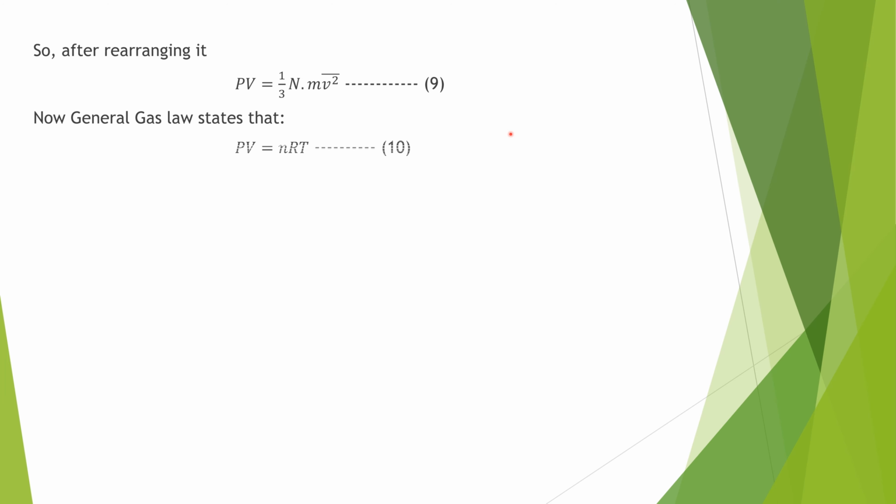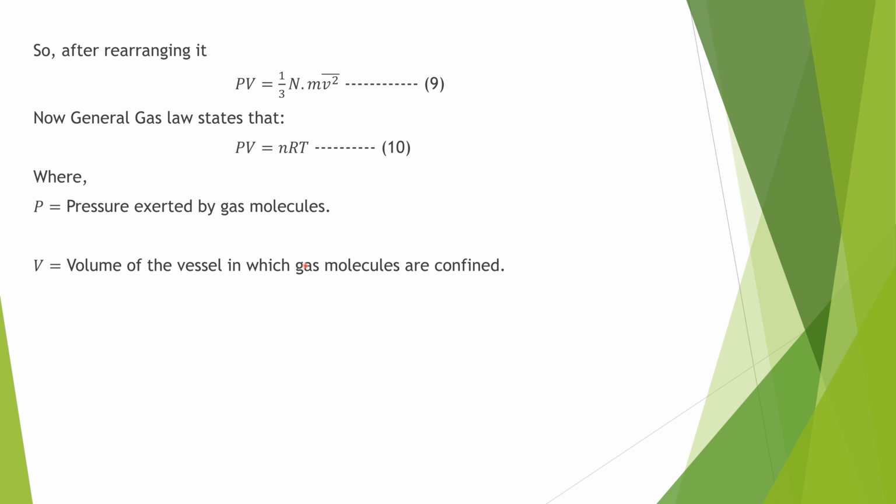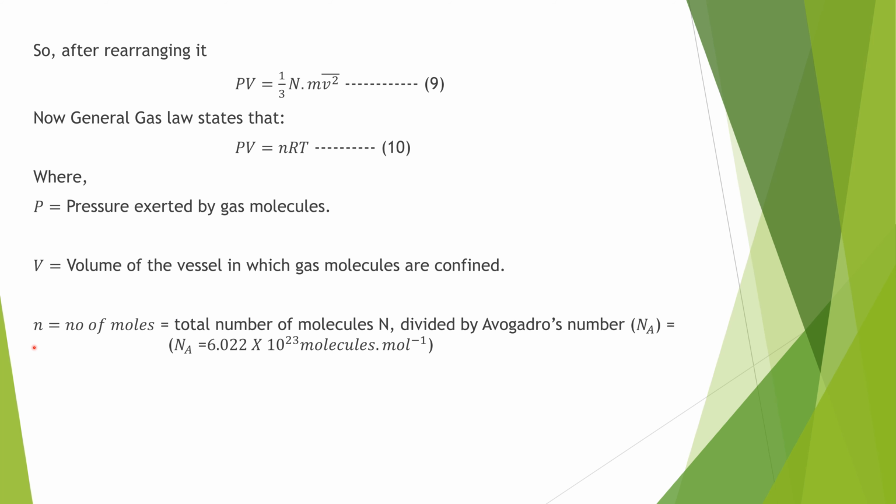Now I'm going to introduce the general gas law. We all know that the general gas law states that PV is equal to nRT, where P is the pressure exerted by gas molecules, V is the volume of the vessel in which gas molecules are confined, n is the number of moles, that is total number of molecules divided by Avogadro's number.